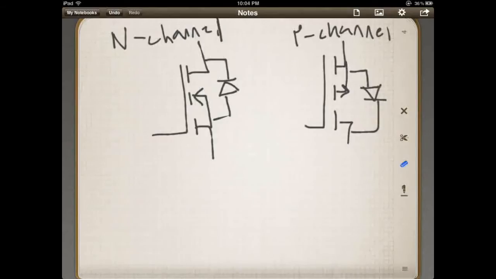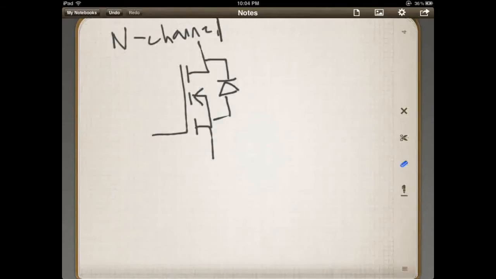Which is going to be called the saturation region, which is when you turn these fully on. Now, different from a transistor or BJT, instead of having a base, collector and emitter, you've got a gate, a source, in fact, I'm going to write source as a cursive S because my S's look like my 5s, and a drain.